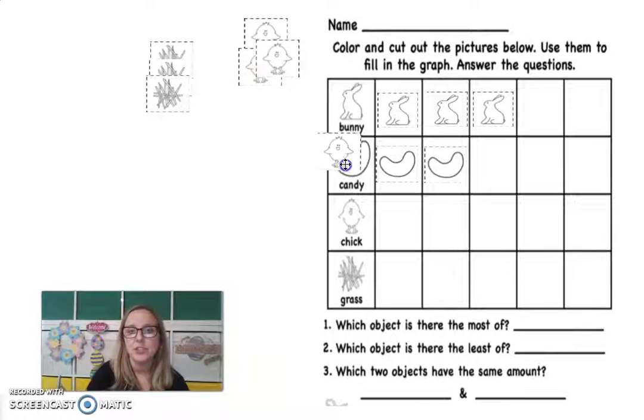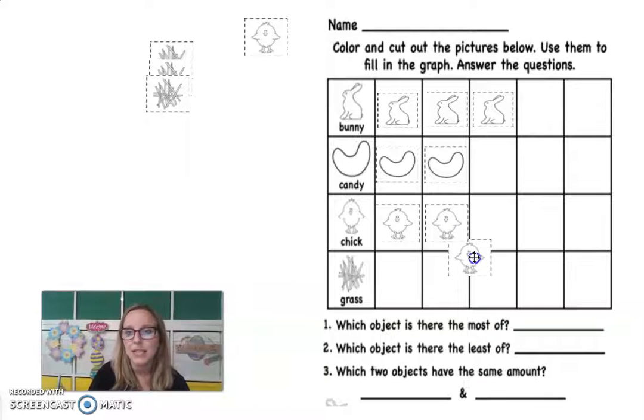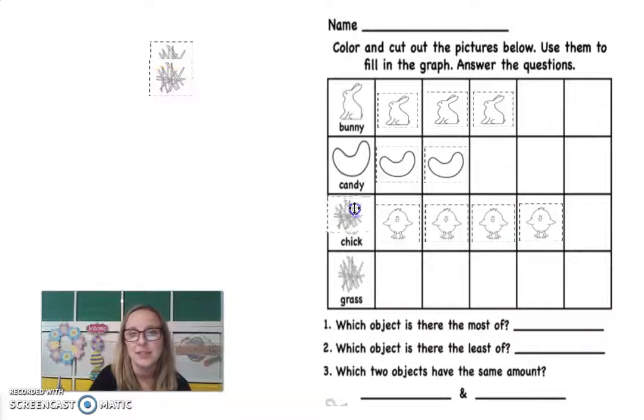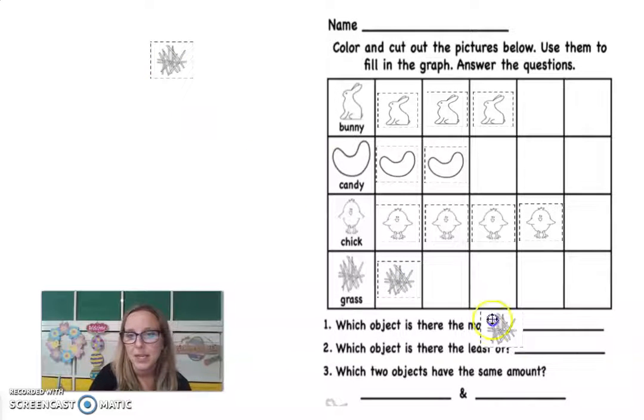So now you'll take each of your chicks and put some glue on the back of them and put them on your picture graph. Again, feel free to pause at any time if you need more time to get your pictures glued in the right spots. And then our last picture is the Easter grass. So I will put all of my Easter grass on the picture graph.